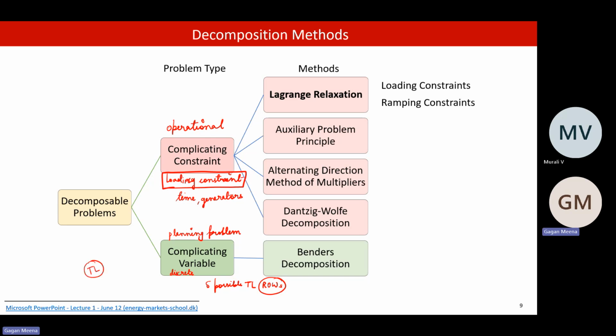Then we have some possible right of ways for transmission lines, say 5 transmission lines between so and so buses. Out of these 5, I want to know whether all 5 are required, or 4, or 3. So these are discrete variables, either 1 or 0.